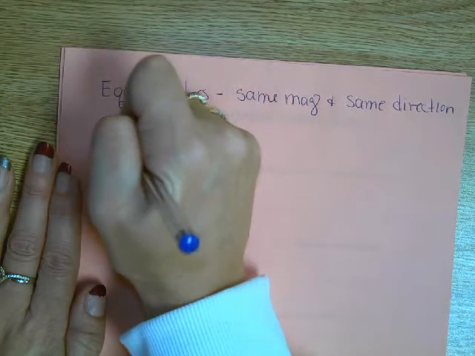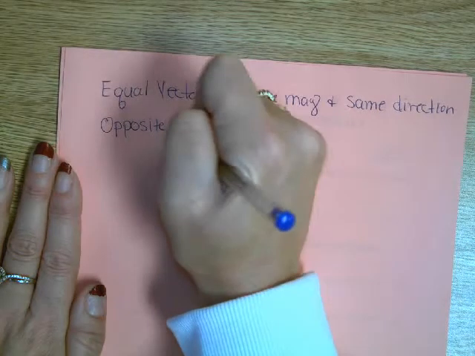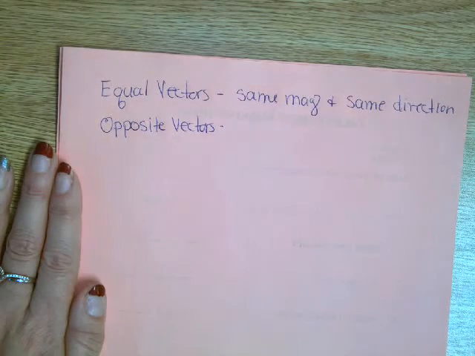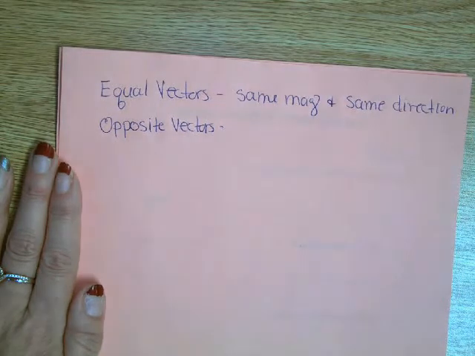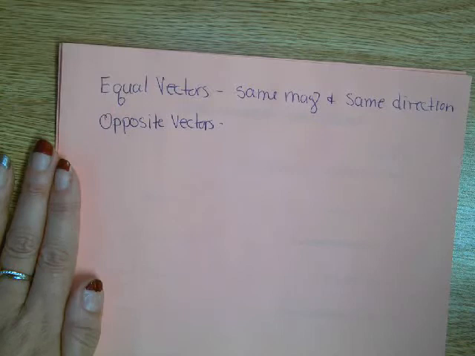Now, opposite vectors. What do you think it's going to take for 2 vectors to be opposites of each other? Nope.